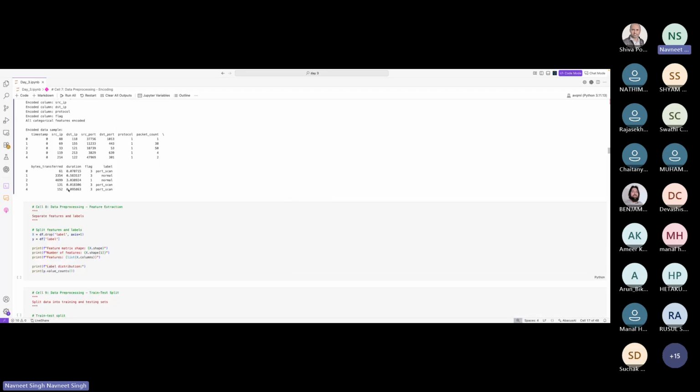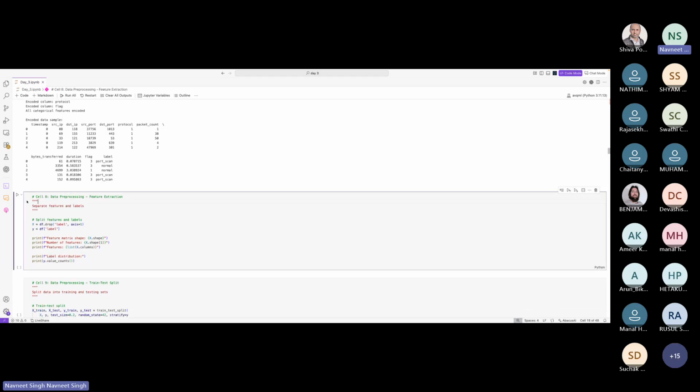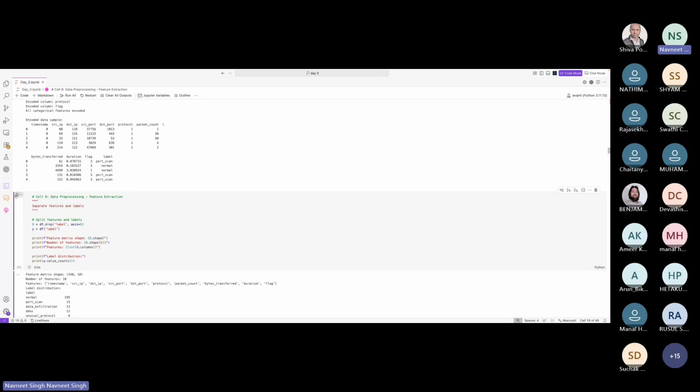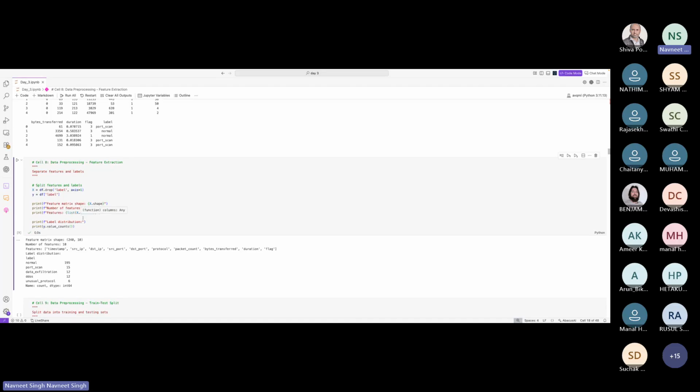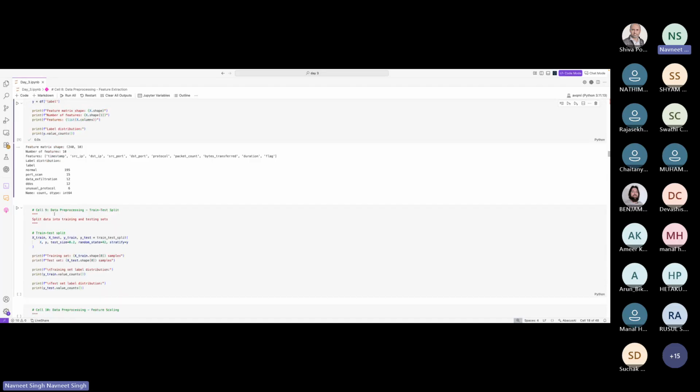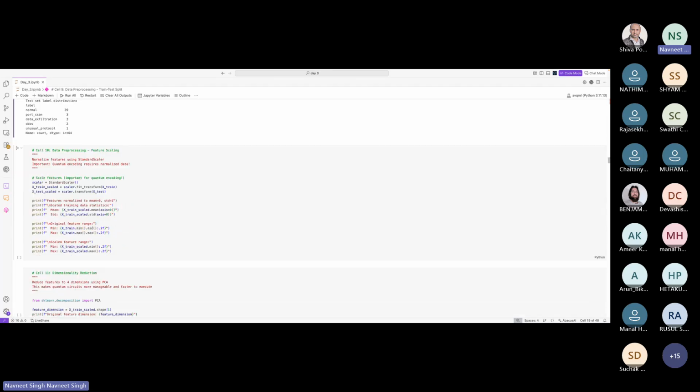Here is the feature extraction. Basically, X contains all your input columns, and Y is the labels like normal, port scan or DDoS. Then we will do train and test splits. Then we will do some feature scaling.